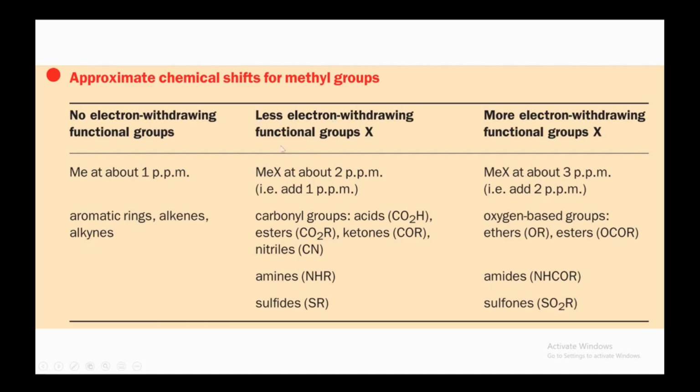Less electron withdrawing functional groups, methyl X, appear at about 2 ppm, adding 1 ppm: carbonyl groups, acids, esters, ketones, nitriles, amines, sulfides. More electron withdrawing functional groups put the methyl group at about 3 ppm: oxygen based groups, ethers, esters, amides, sulfones. So this is how you can broadly classify where your methyl group will appear in your NMR, depending upon where the methyl group is attached.